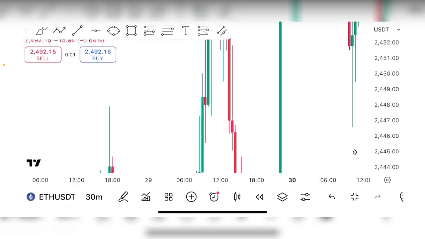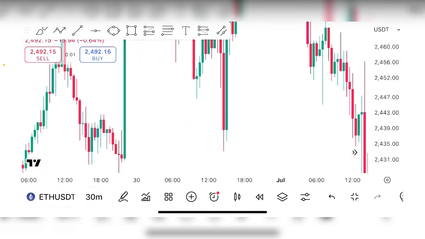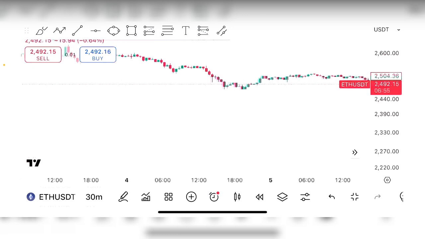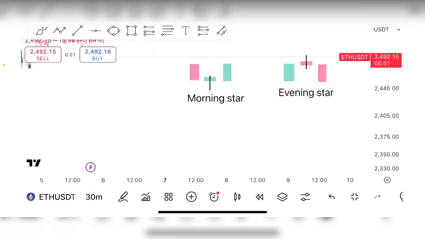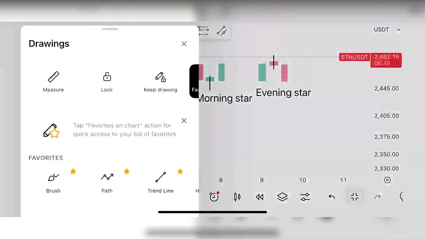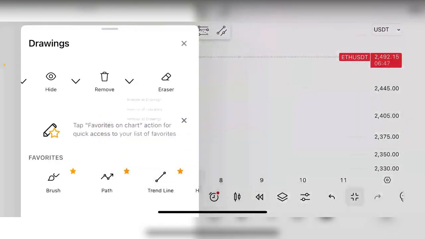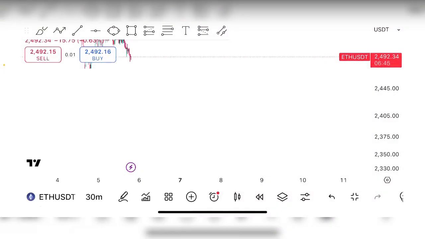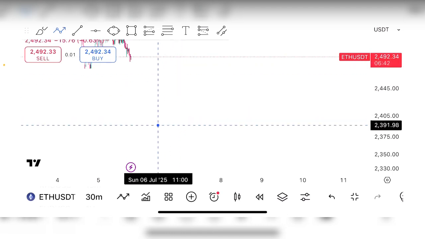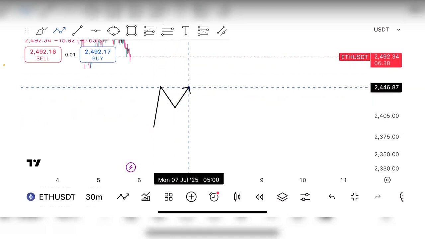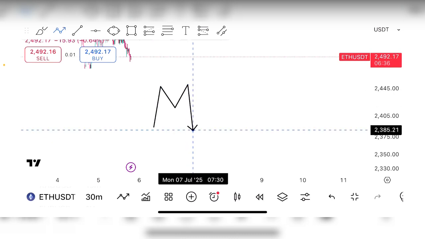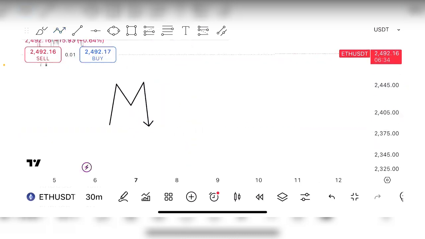The last confirmation pattern I'm going to show you guys, which I use a lot, is called double top and double bottom.